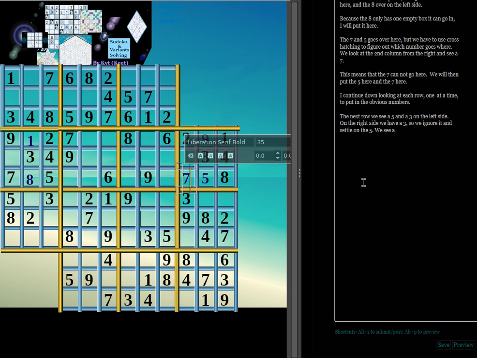We see a 5 just above one of the blank squares, so we know where we must put a 5, so we do not repeat a number in any column.